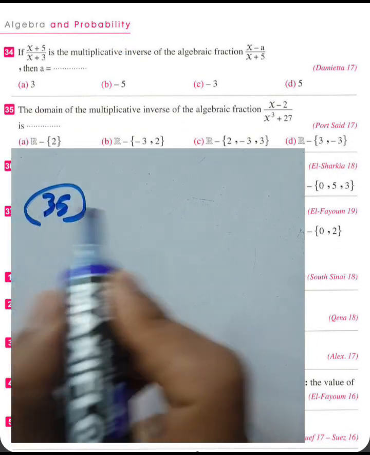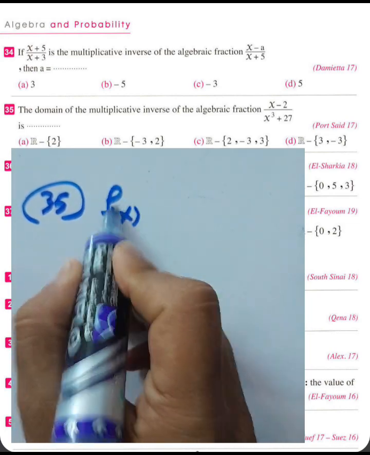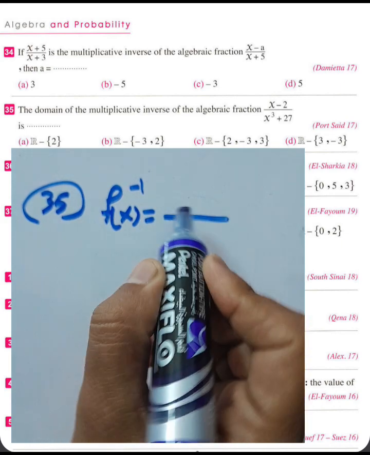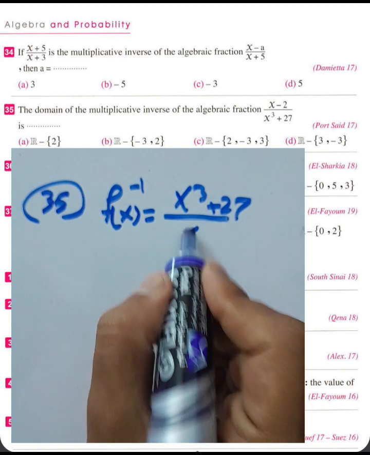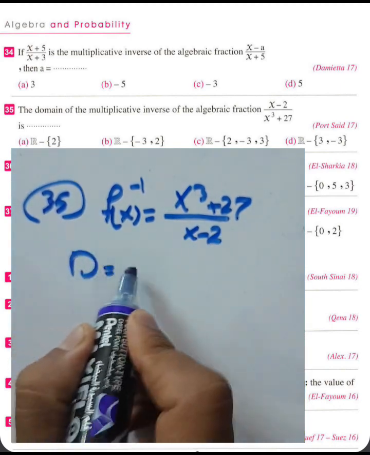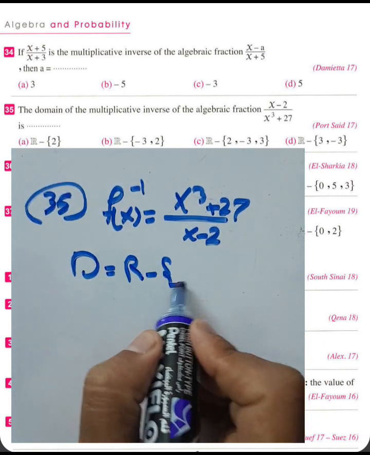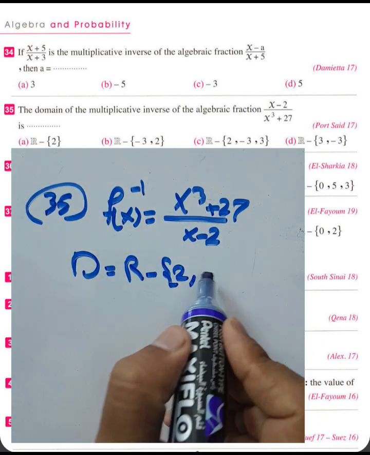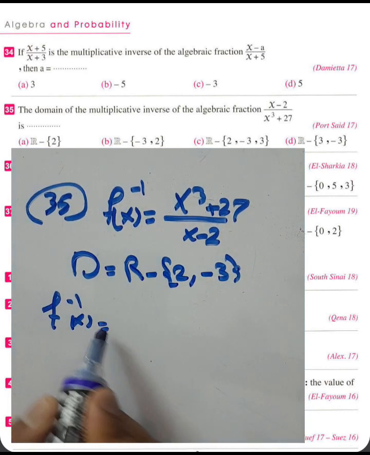The domain of the multiplicative inverse of the function, we can find the multiplicative inverse of this function. It will be x power 3 plus 27 over x minus 2. The domain will be R subtract the zeros of numerator and denominator. Denominator will be 2 and numerator will be negative 3. Or you can factorize this function to know the steps.